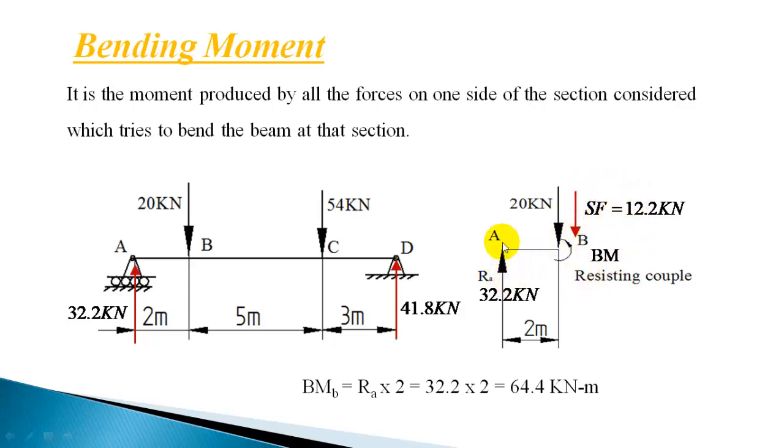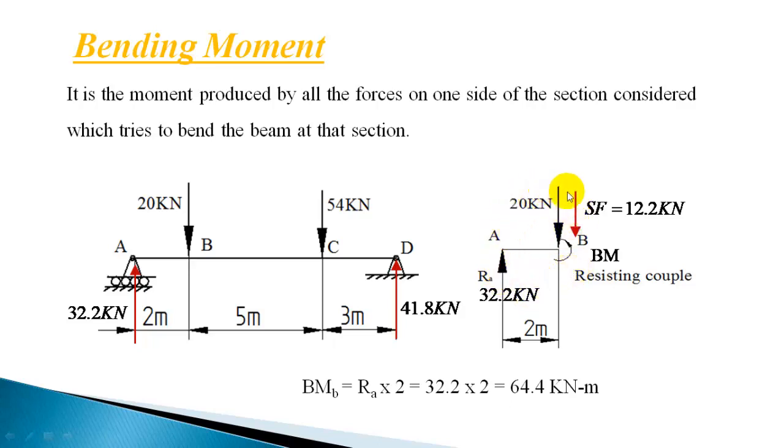So this is also producing the same bending effect. Right side forces also will be producing the same bending effect, and this will be producing a shear force of 32.2 minus 20, that will be 12.2, and right side forces also will be producing the same amount of force downward, so that the net force will be 0.